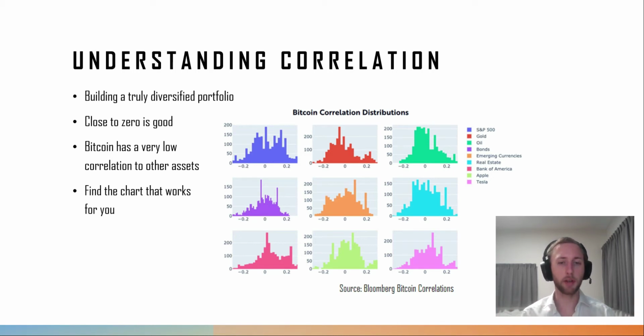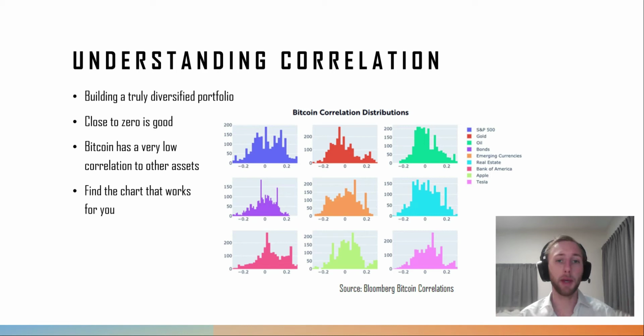Are you diversifying? Well, the way to find that out is by correlation. Correlation means when something reacts, does the other thing react? For example, if the price of a Tesla stock goes up or down, does that influence the Mona Lisa, the art piece? No. So the correlation between these two is very low.